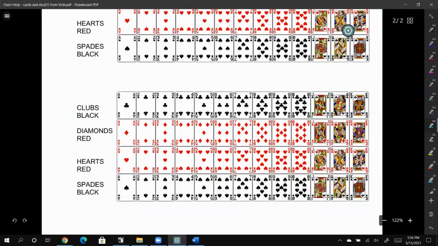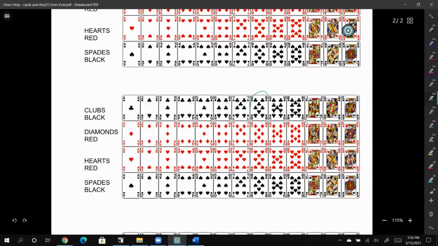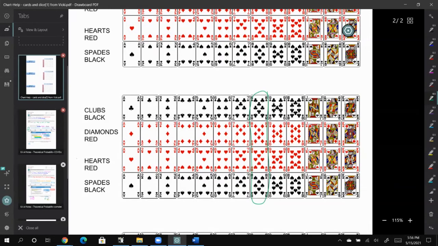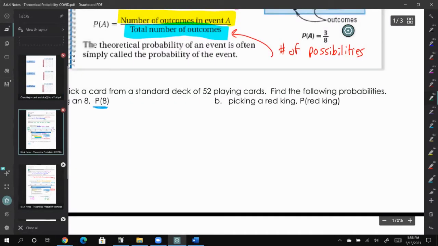So right here, we have all the cards in a standard 52 card deck. So we have 4 8s right here. 1, 2, 3, 4. 4 8s out of 52.